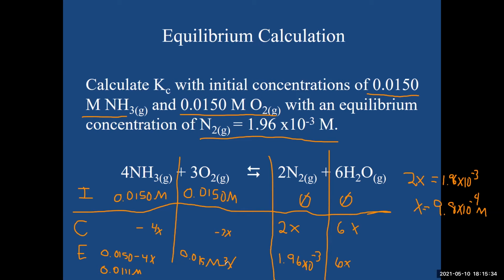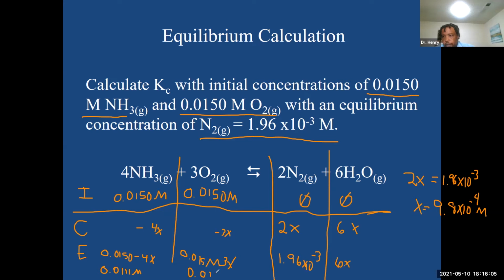So we have 3 times 9.8 times 10 to the negative 4th, so that's 0.0121 molar.